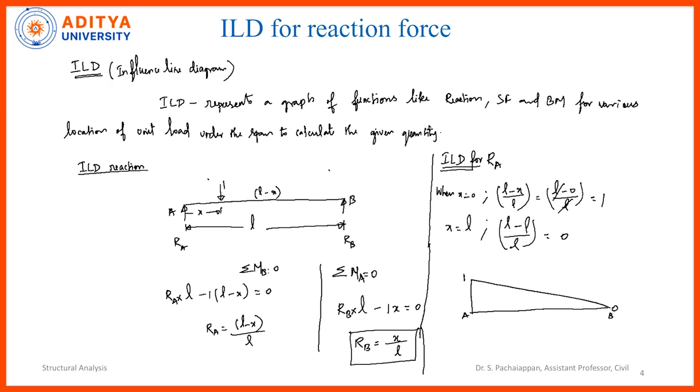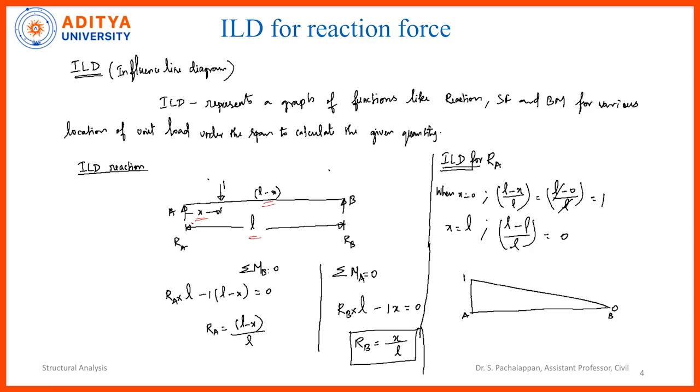What we are seeing is a simply supported beam subjected to a single point load of 1 unit, whether kilonewton or newton. The length of the span is L. The 1 kilonewton load is located at distance x from the support A, and the remaining distance is L minus x.